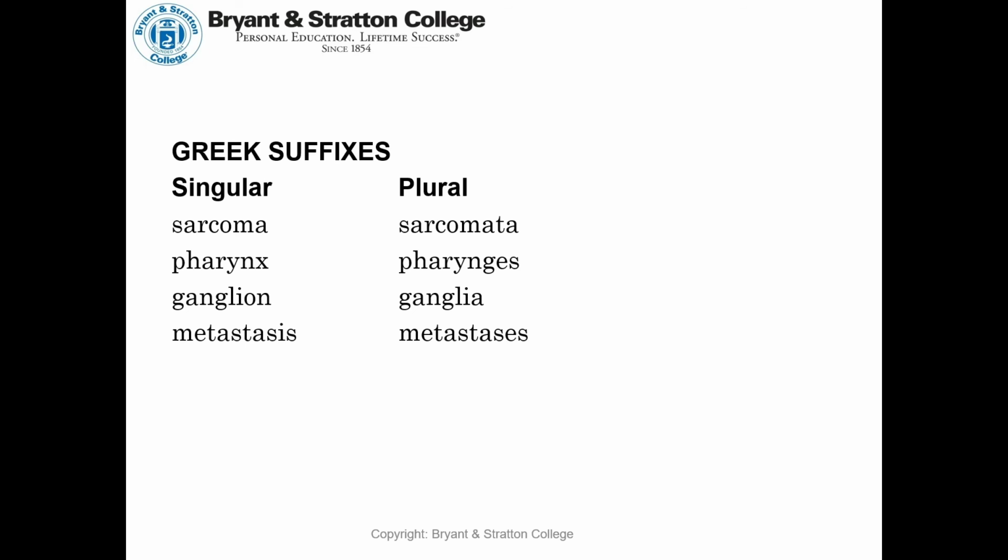But the plural is ganglia, so you actually have a sympathetic chain of ganglia throughout the thorax and abdomen, just next to the vertebrae, right? But again, some of these like pharynx or pharynges, you're not going to ever really experience needing to talk about them in a plural situation.